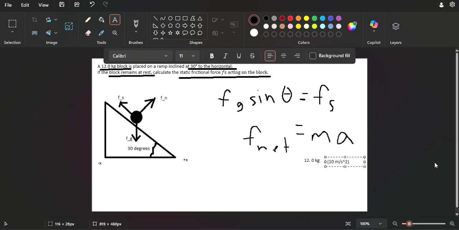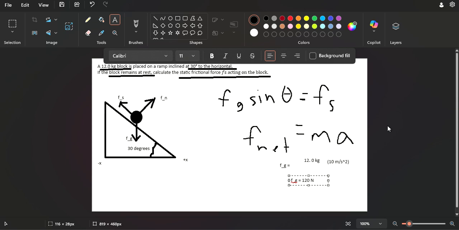And this is equal to F of net. So F of G, you can say. So here it will be F sub g is equal to this. Sorry if it's a little bit out of order. And this would give us the value F of G is equal to what?